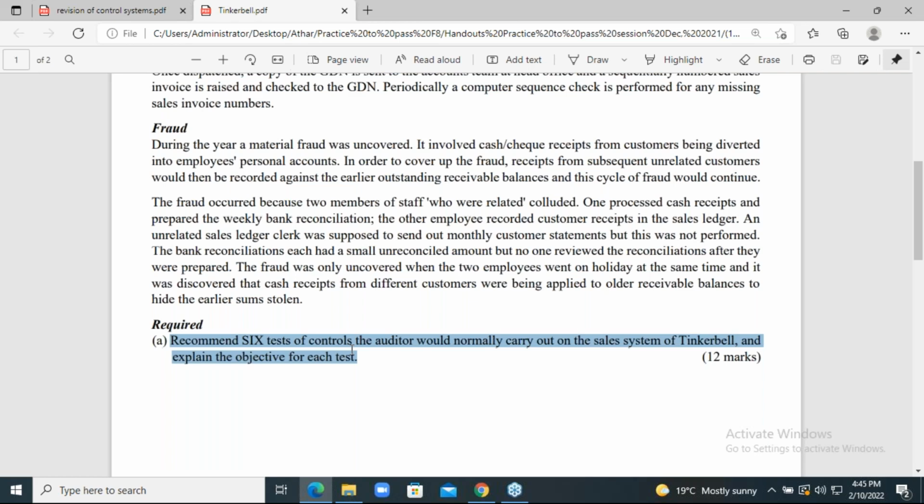If you are going to attempt 5 questions, attempt these 5 questions in a row, then start again from question number one. But before going to question number one, you need to update your knowledge regarding control systems.